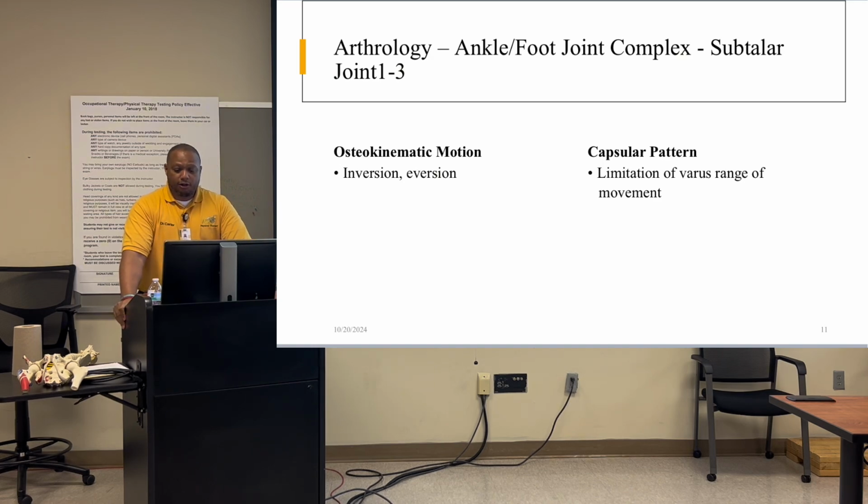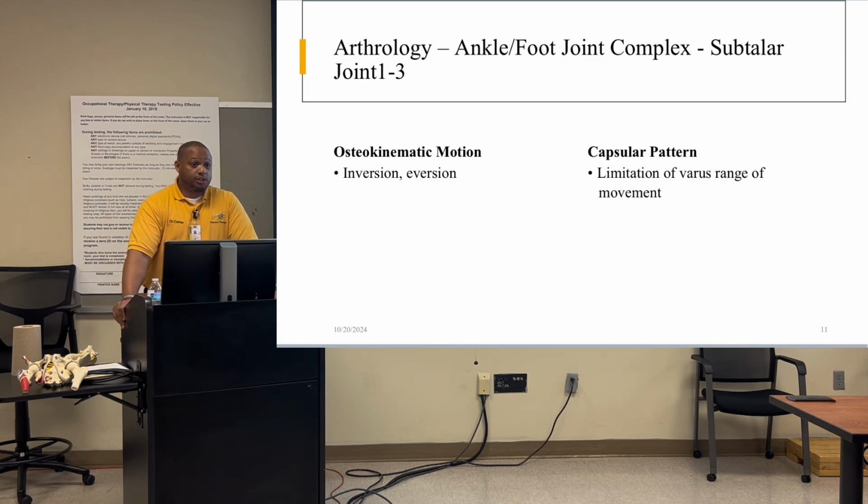The capsular pattern of restriction, there's going to be a limitation of varus range of movement. Okay, so when we talk about varus range of movement, what are they talking about? We're talking about inversion. Eversion is a valgus range of movement. Eversion is synonymous with subtalar pronation. So there's going to be a valgus range of movement with eversion and pronation.